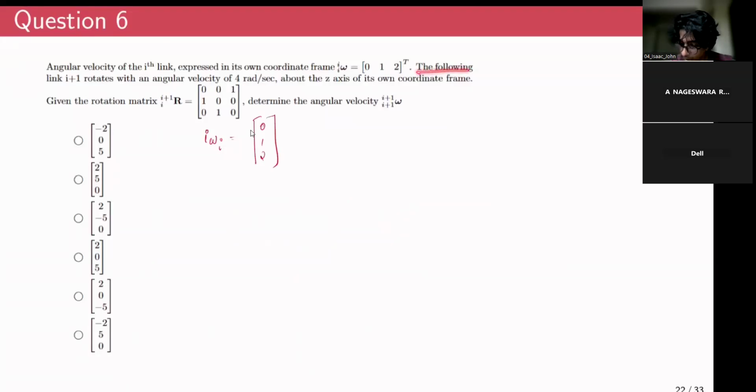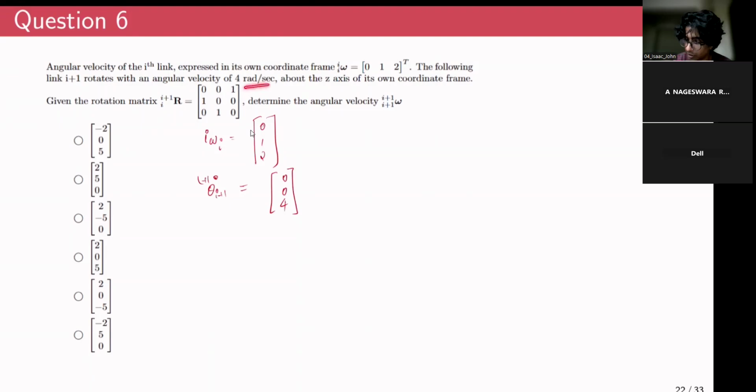The following link I plus 1 rotates with an angular velocity of 4 radians per second. So for link I plus 1, theta I plus 1 dot would be 0, 0, 4, right?